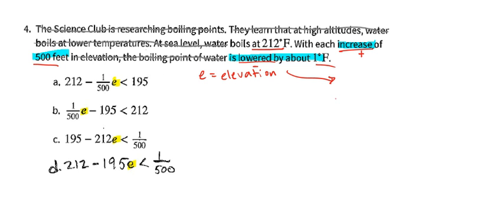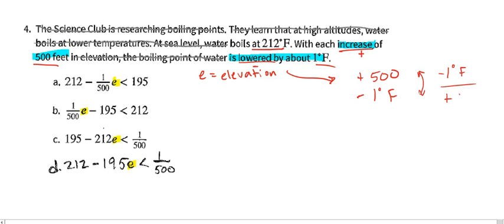That's like a ratio where if they go up 500 feet, the temperature is lowered by 1 degree Fahrenheit. Isn't that the same thing as saying for every 1 degree Fahrenheit that goes down, they would need to go up 500 feet? That's saying the same thing, right? Just saying it in reverse.